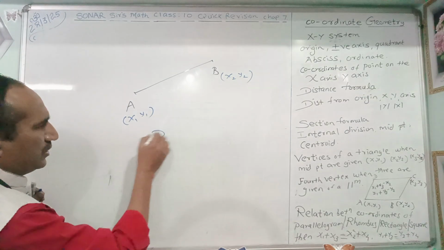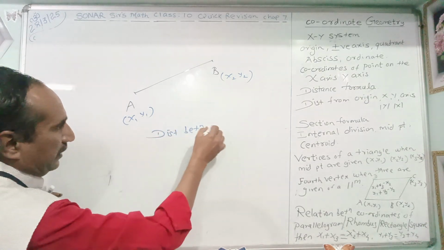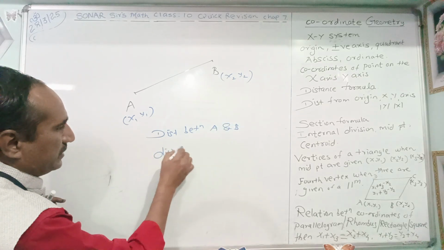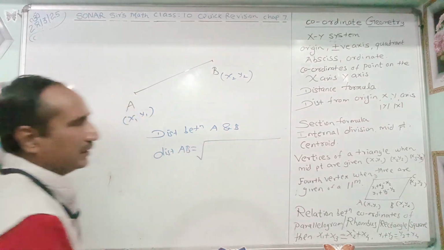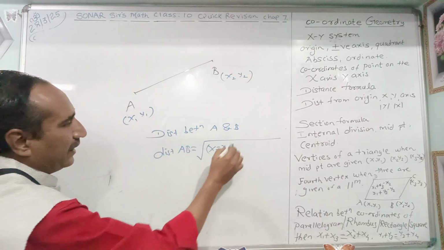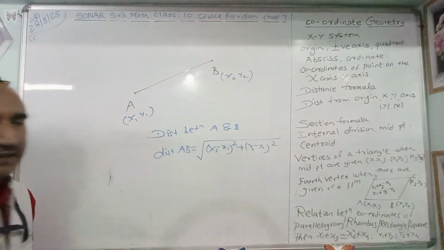Here the distance between A and B, we write in short, distance AB is equal to root of (x2 minus x1) whole square plus (y2 minus y1) whole square.